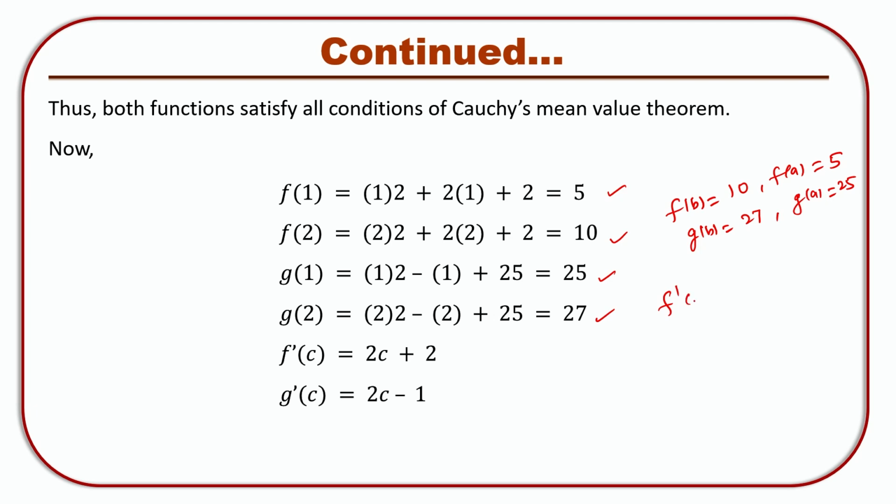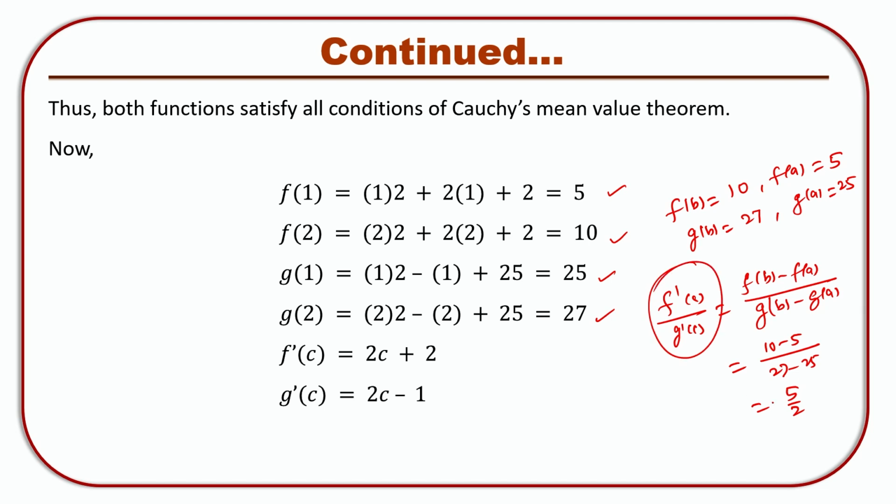Now f dash of c divided by g dash of c can be calculated as f of b minus f of a divided by g of b minus g of a. So this is equal to 10 minus 5 divided by 27 minus 25. This is 5 by 2. So this is the ratio. f dash of c and g dash of c has the ratio 5 by 2, right?